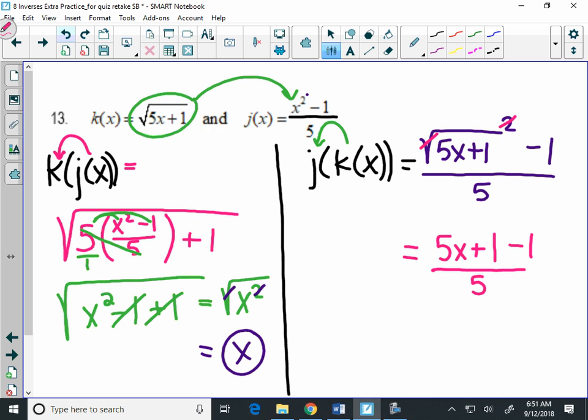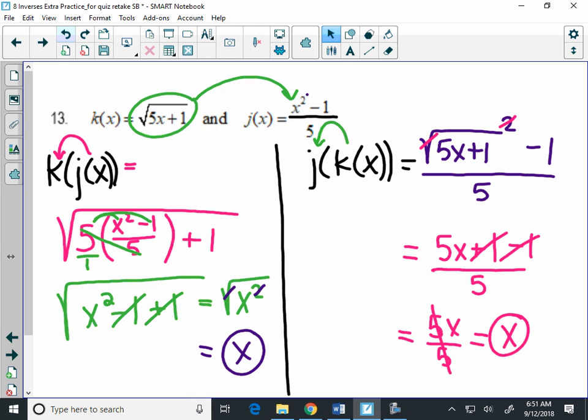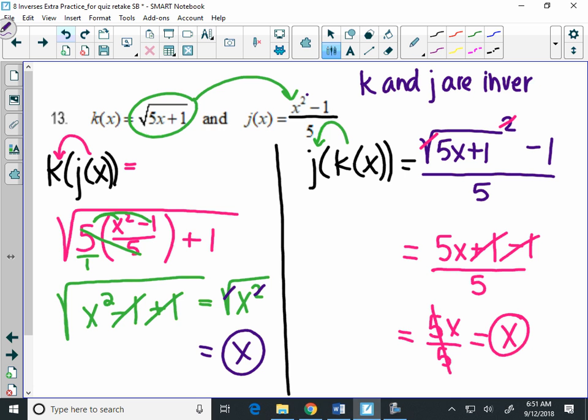All right, you're not allowed to cancel the 5's yet, but you can simplify positive 1 and negative 1, which will give you 5x over 5. 5's cancel, you get a result of x. Again, because both compositions gave you a result of x, you are allowed to say that k and j are inverses.